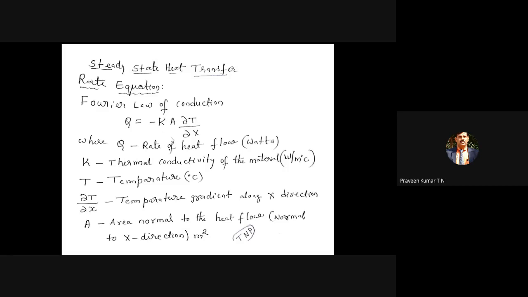Imagine a copper rod and a steel rod. Copper has higher thermal conductivity, where K refers to thermal conductivity, and the steel rod has lower thermal conductivity. The heat transfer rate is more in the case of the copper rod. That's the first: heat transfer rate Q is directly proportional to thermal conductivity.